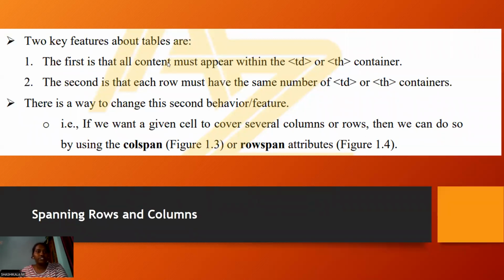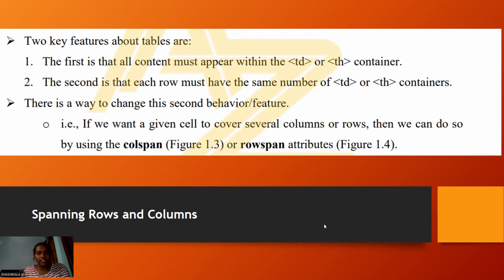Two key features about tables are, first, that all content must appear within the TD, that is the column, or TH, the heading container. The second is that each row must have the same number of TD, that is columns, or containers.